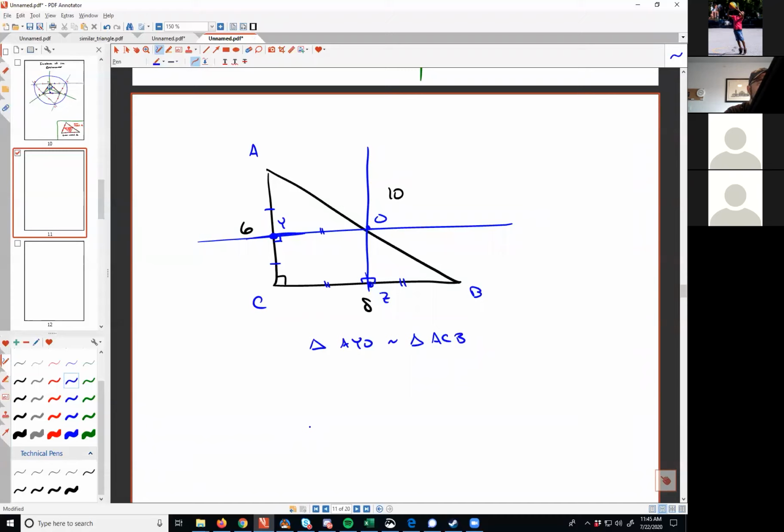Because the parallel lines give us reason to believe that the angles are corresponding. Yeah, the parallel lines gave us right angles. Okay, what is the similarity ratio?